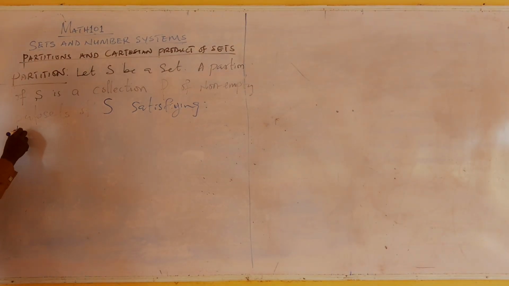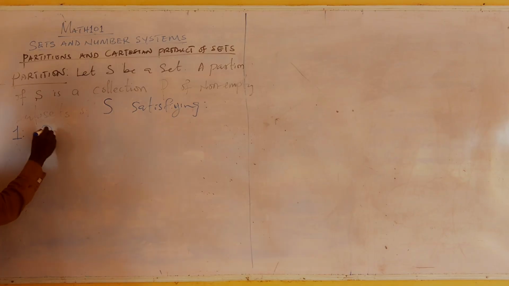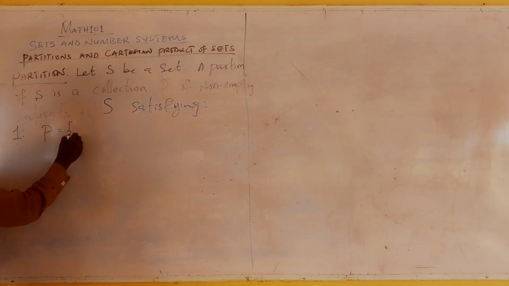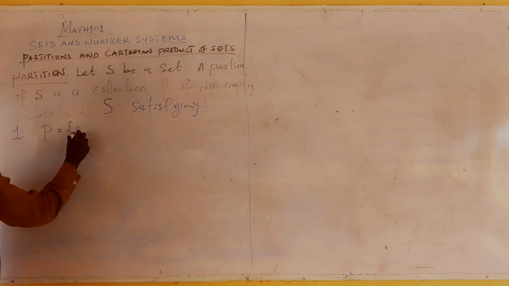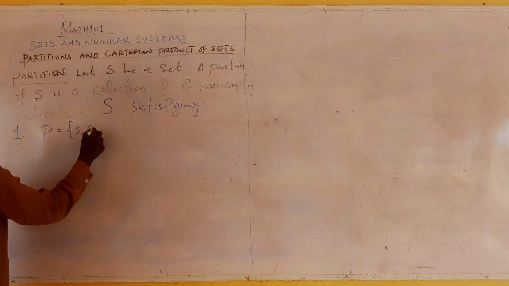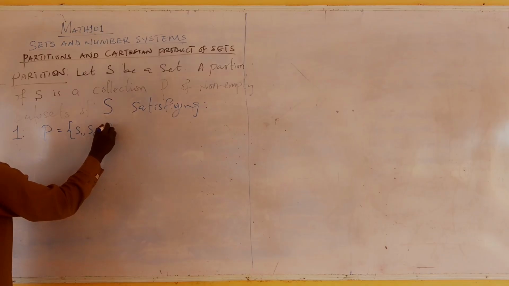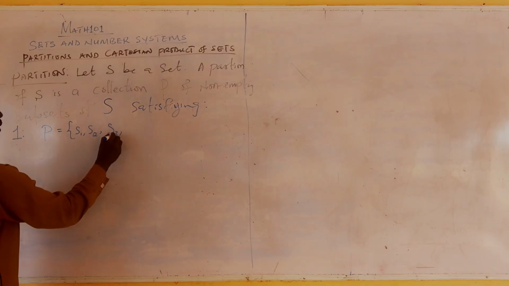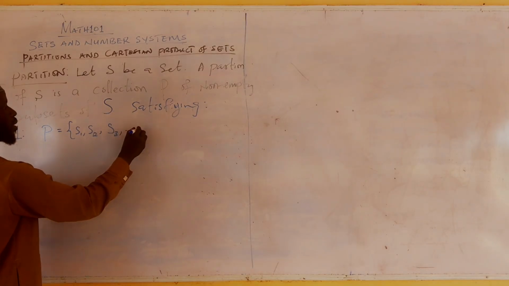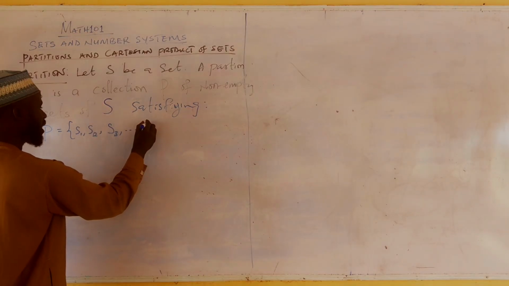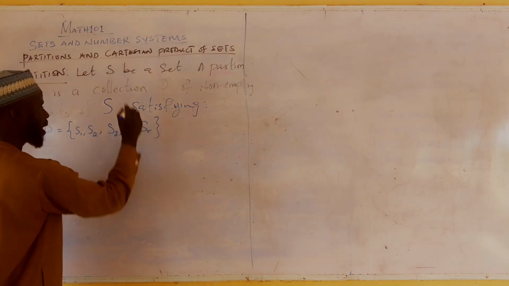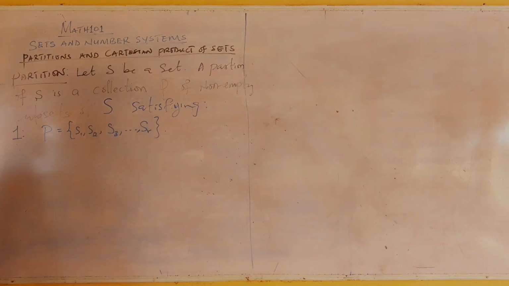One, we write P is equal to S1, S2, S3, up to the last element, say SR, where R is the last number.